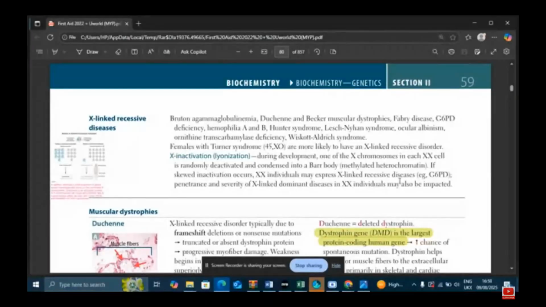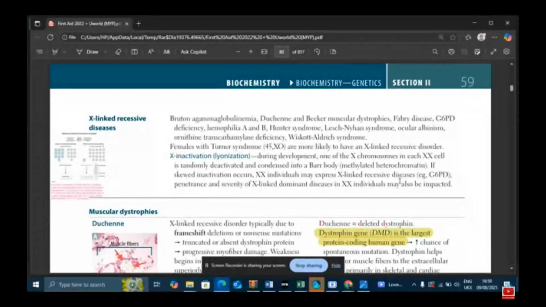Why is lionization important? We know that some of the diseases are X-linked recessive diseases. That means these diseases are very common in men. They are transmitted genetically through the X chromosome. So they appear very easily in men because a man has only one X chromosome, and if that X chromosome has the faulty genes for some diseases, the disease will appear in those persons.